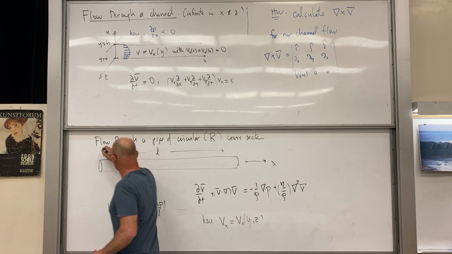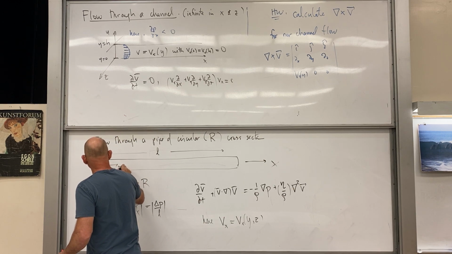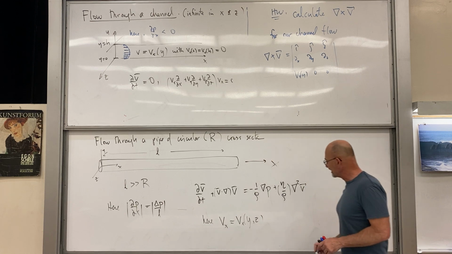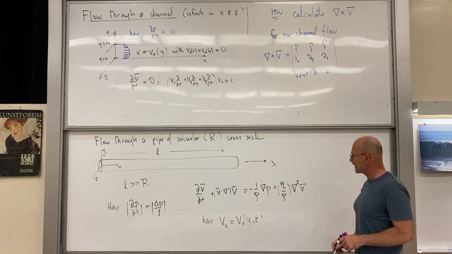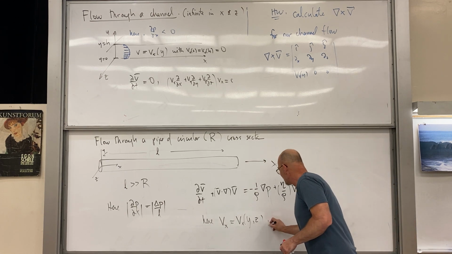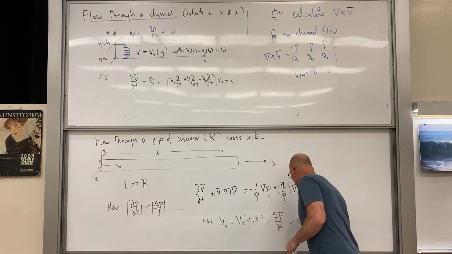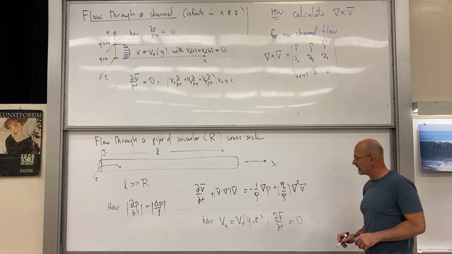Right, so we can imagine we've got x, y, and z. It's a steady flow, so we're starting with the assumption of a steady flow.